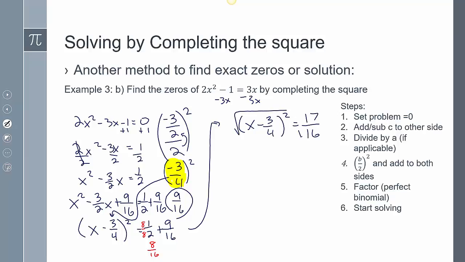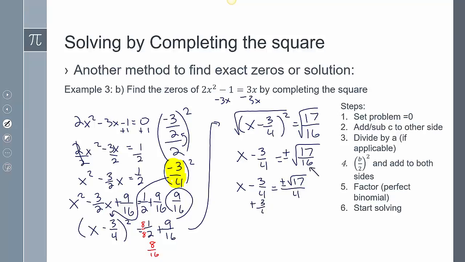Now I need to take the square root to both sides, and so I get x minus 3 over 4 equals plus or minus the square root of 17 over 16. So I get x minus 3 over 4 equals plus or minus the square root of 17 over 4, right? Because the square root of 16 is 4.